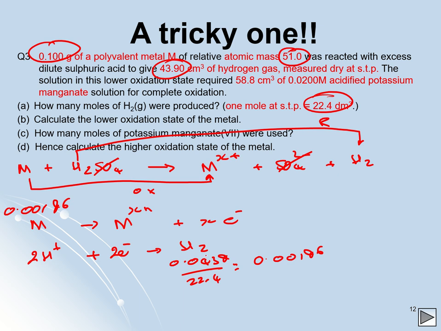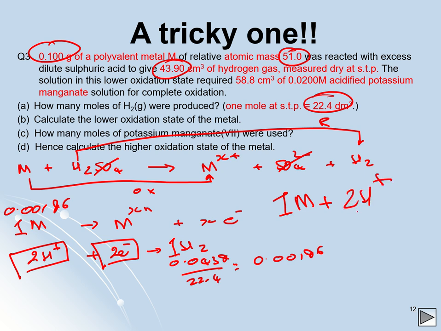Now, how can I use that to help me work out the new oxidation state of the metal? What we said here is that the ratio of the metal to the amount of hydrogen that's being made is a 1-to-1 ratio. For me to make 1 mole of hydrogen, there has to be 2 electrons gained by 2 hydrogen ions. That tells me that the ratio of the metal to hydrogen ions has to be 1-to-2.